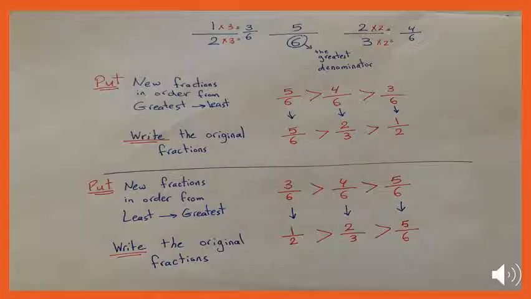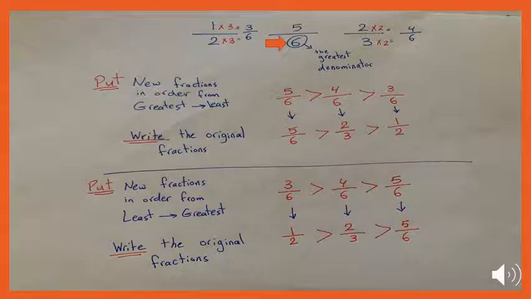I just wrote for you to see the steps of how you solve them directly in this way. As you see here, I have 1/2, 5/6, and 2/3. Let's see which one is the greatest denominator. It's 6. So I will keep 5/6 the same. I will not change it.